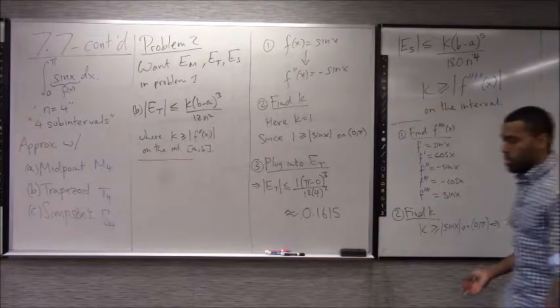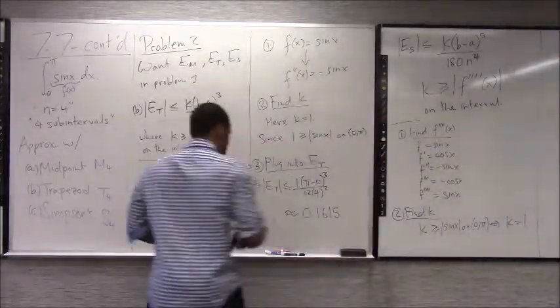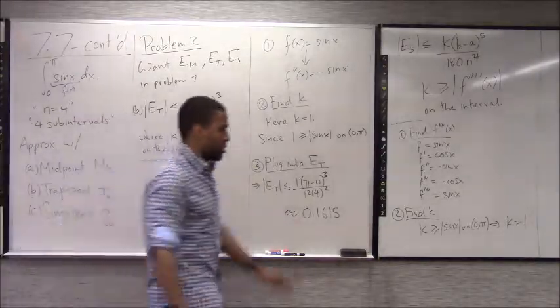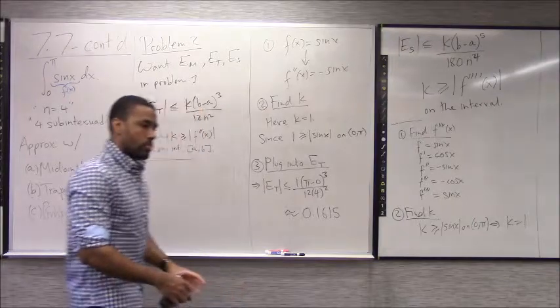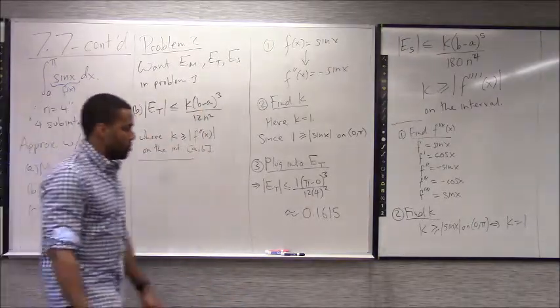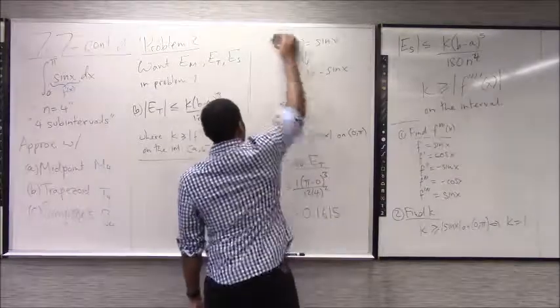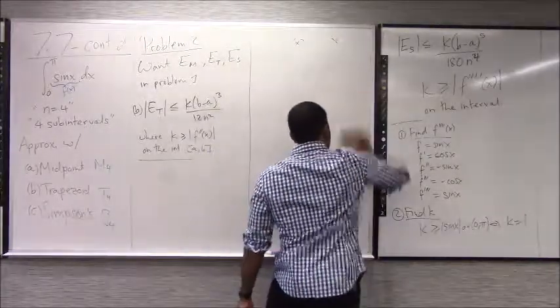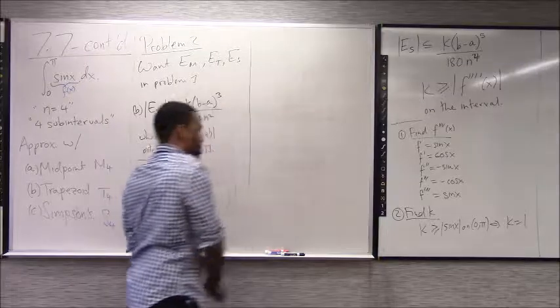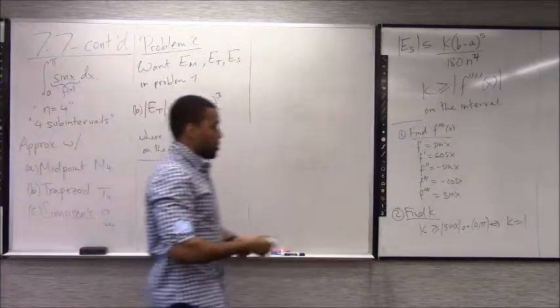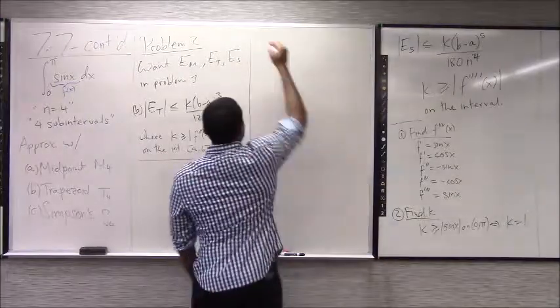You could choose any number bigger than 1, but your error would be too big. You don't want the cushion to be too big.